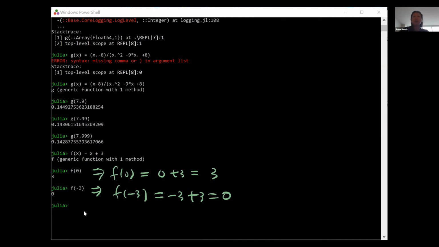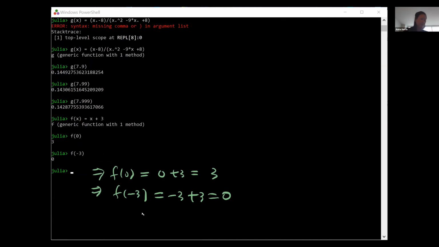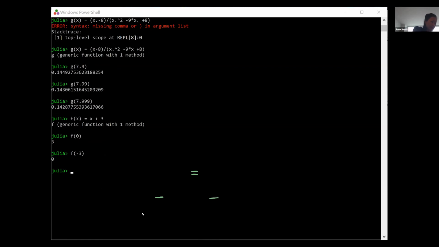All right, so let's look at that. I'm going to erase this one so you can see the other one. If I decide to do, say, f of 10, what does that mean? Tell me what that's equal to.